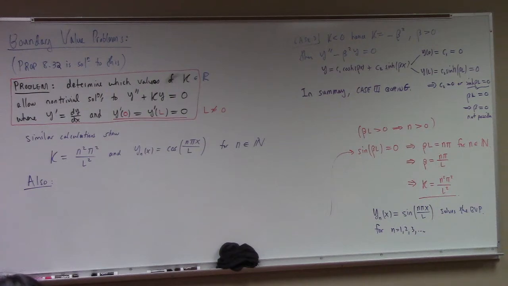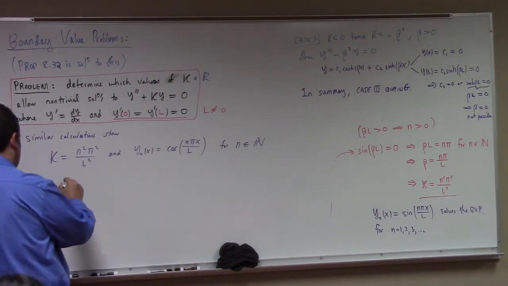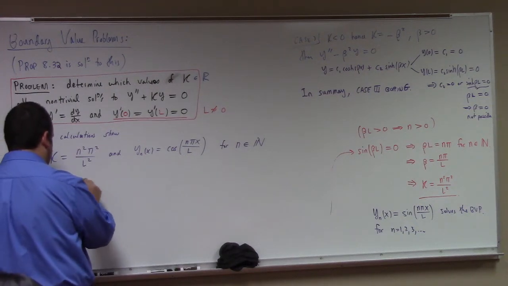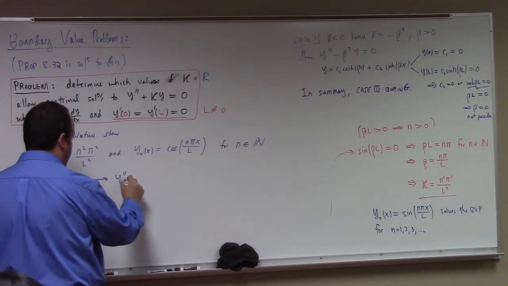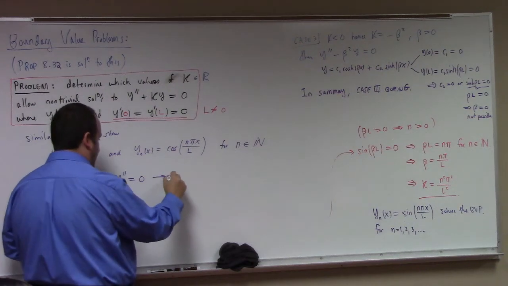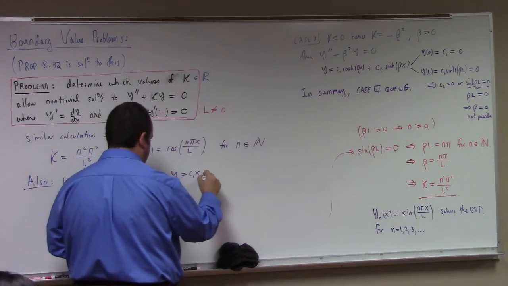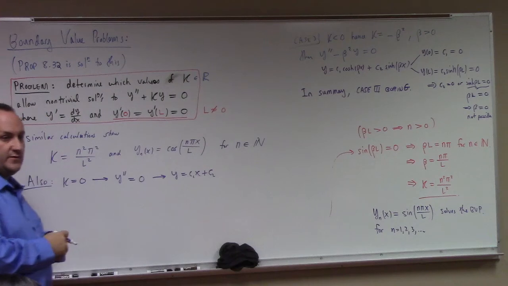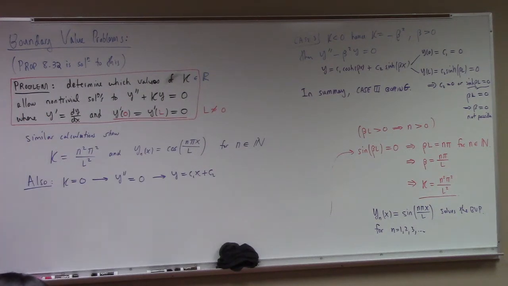Does case one work this time? Check it out, right? K equals 0 gives what? Y prime prime equal to 0, which tells me that y is equal to c1x plus c2. Can we find choices of c1 and c2 which make the derivative 0 at both endpoints?